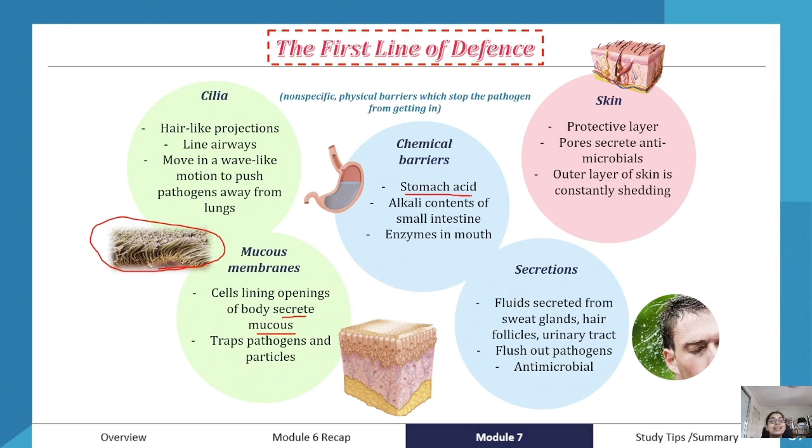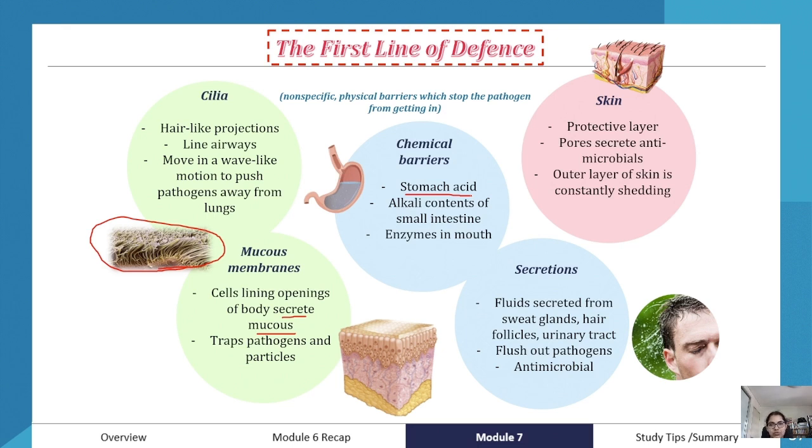Last but not least, the skin. The skin itself is a protective layer. If you've had a chance to learn a bit about skin, you'd notice that the skin that we have right now is a protective layer. What we have underneath this is what is called the true skin, and that's the epidermis.